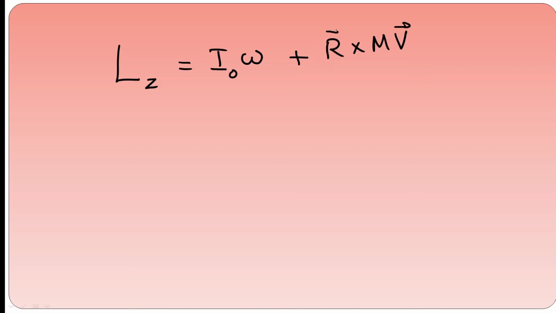Now Lz becomes I0 omega plus R cross MV in the z direction. This is what we have already stated and we proved it.